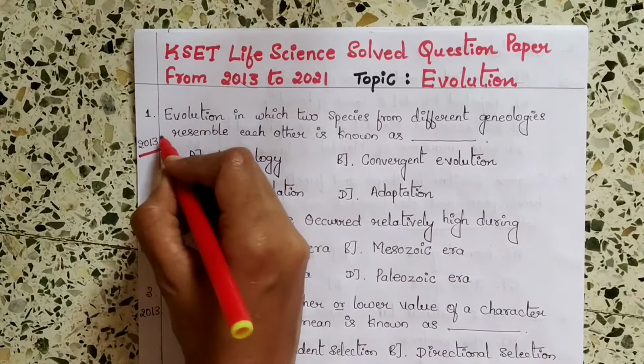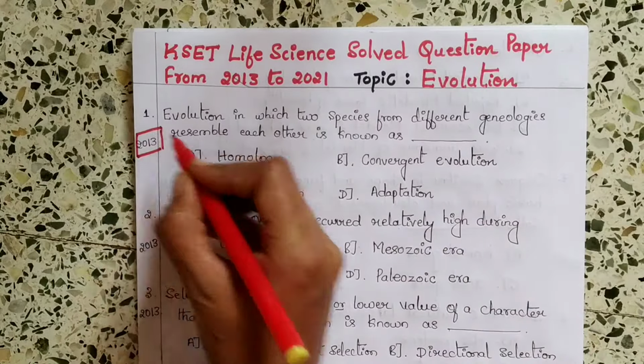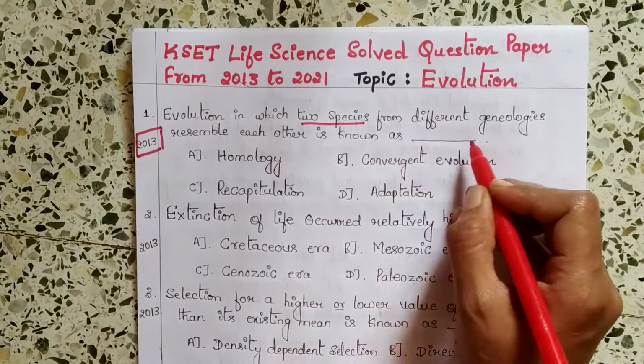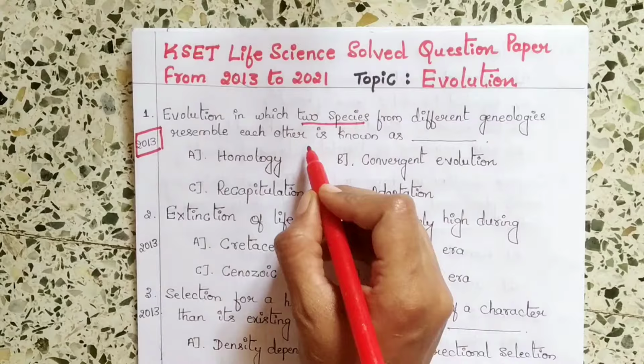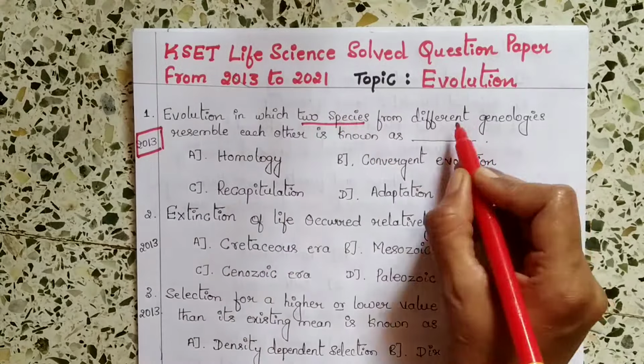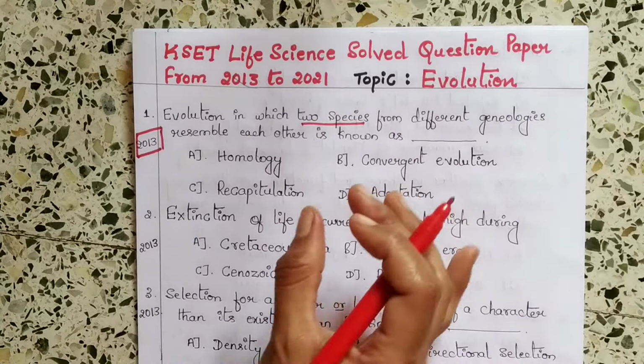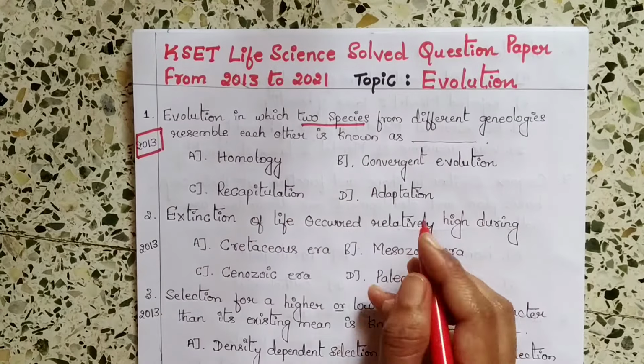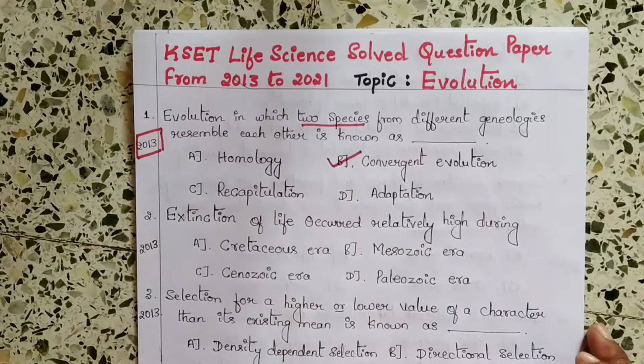This question was asked in the year 2013. They are asking about two species from different genealogies that resemble each other. If they resemble each other, that is called convergent evolution.